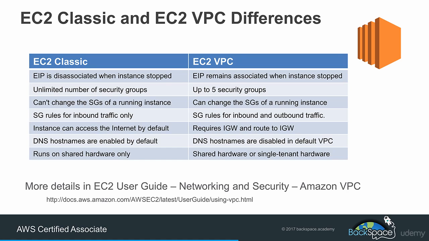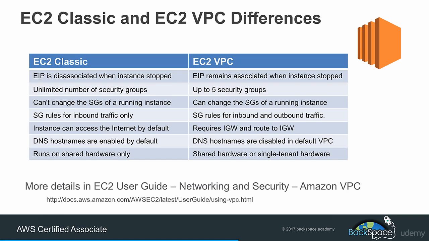Instances in EC2 Classic can access the internet by default, so they're less secure than EC2 VPC, obviously, whereas in VPC you require an internet gateway and a route to that internet gateway. With Classic, DNS host names are enabled by default, whereas with VPC, they're not.